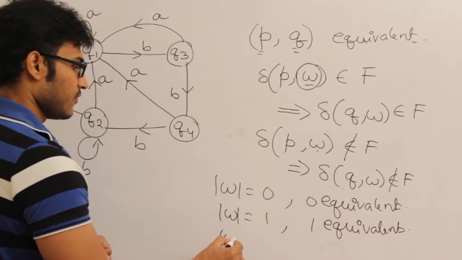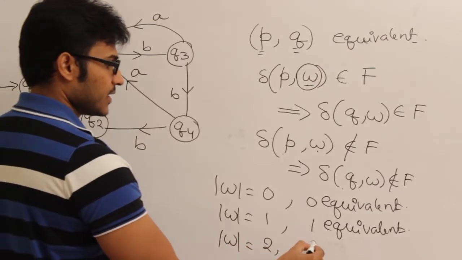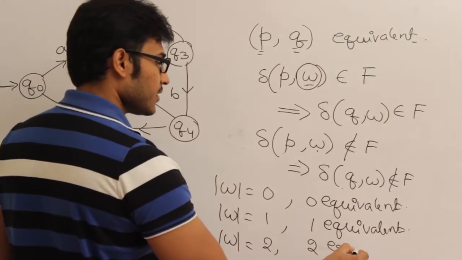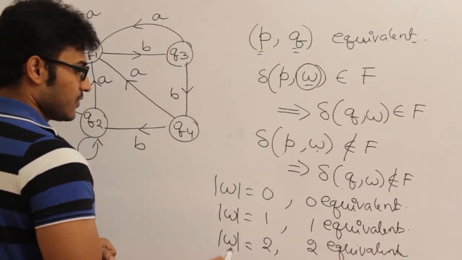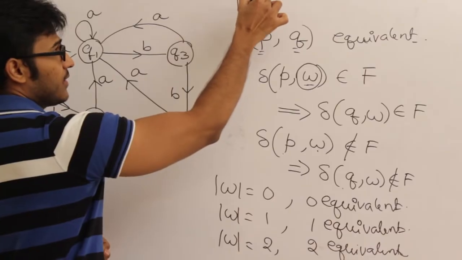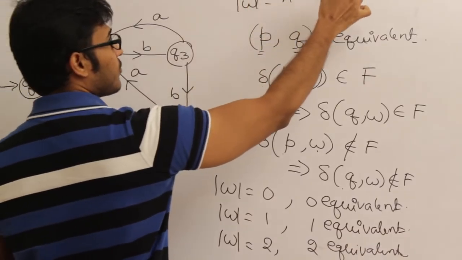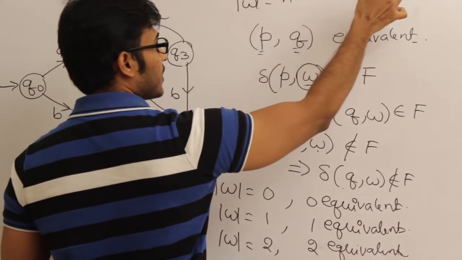If the length of W is 2, then both are 2 equivalent. In general, if the length of W is n, then both these states are n equivalent.